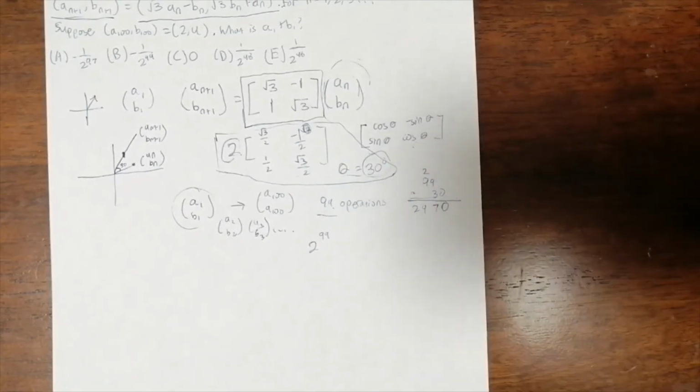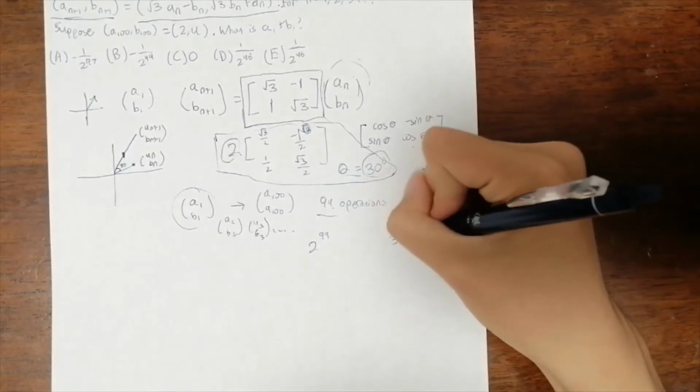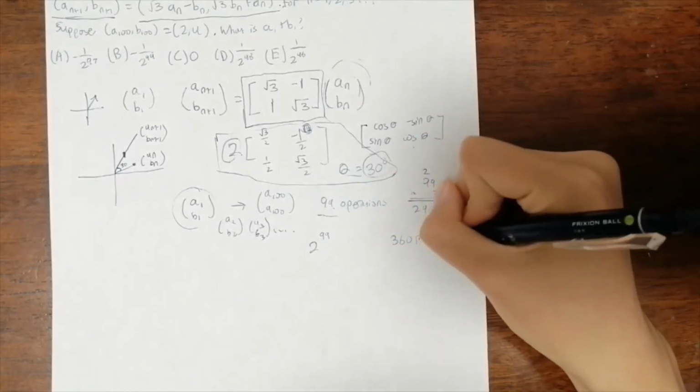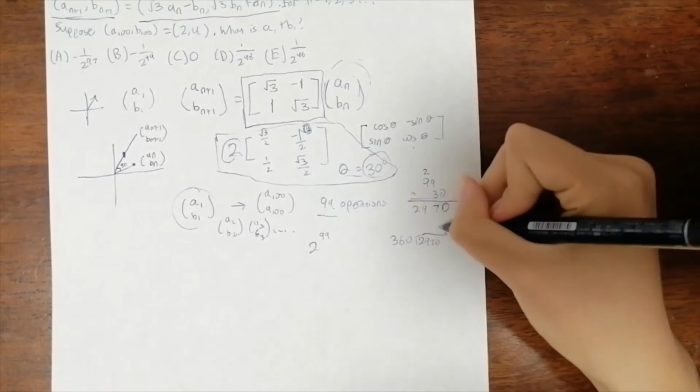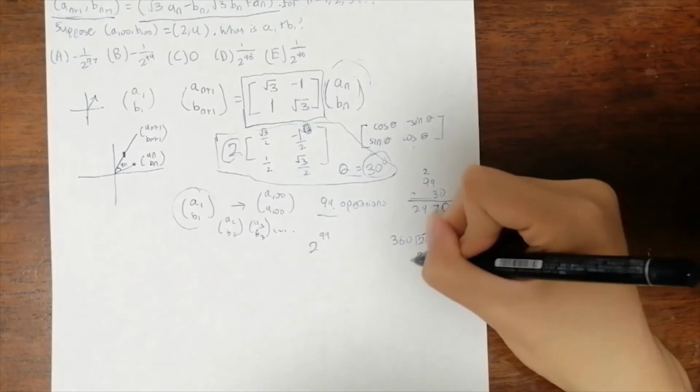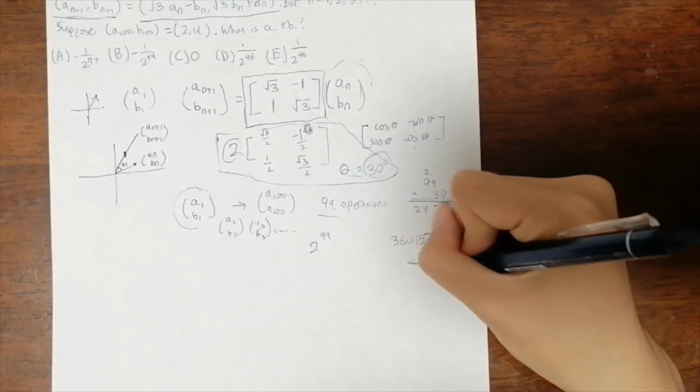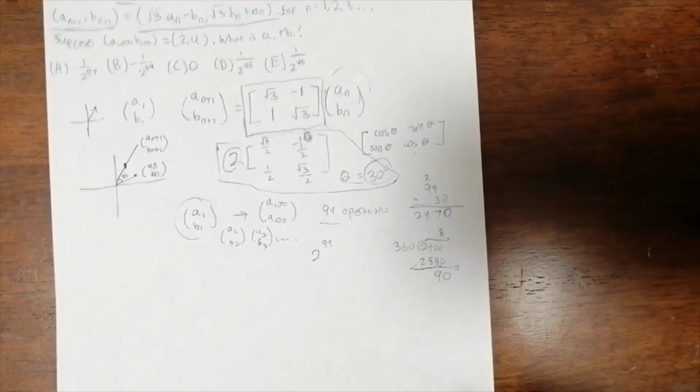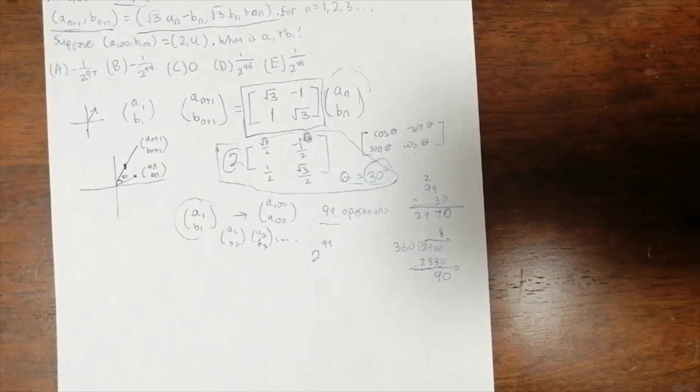Since when we're rotating, once you go around in a full circle you get to the same point, 0 degrees, we can just take this mod 360. 360 goes into 2970 eight times, which is 2880, and we're left with the remainder of 90 degrees. So essentially we're just rotating the point 90 degrees counterclockwise.